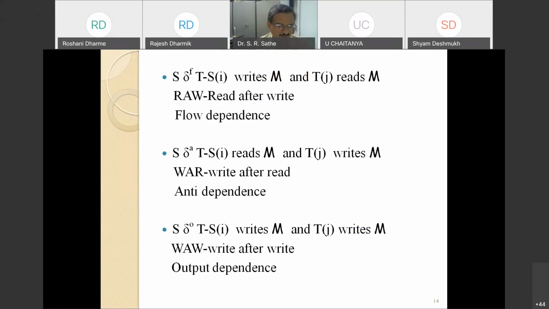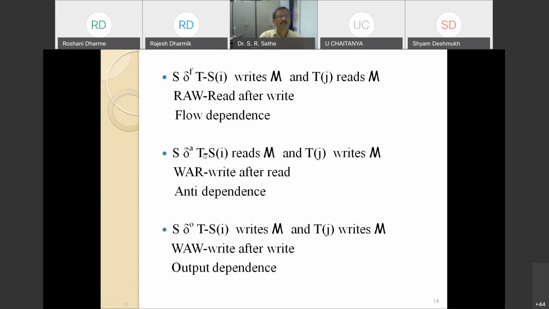S stands for statement, and bracket i stands for the value of the index variable. So Si writes M and Tj then reads M. So it is a read after a write. So it is a flow dependence.